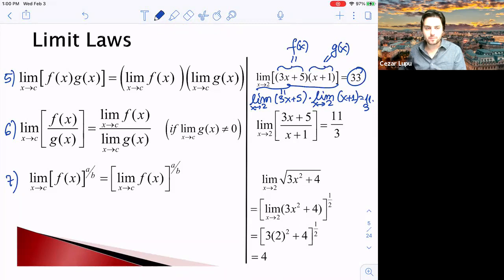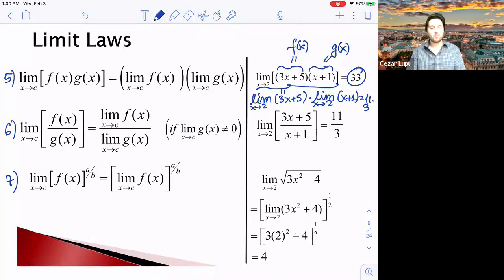Okay. Now, let's see the sixth one. The same thing will happen for the quotient. So the limit of the quotient is the quotient of the limits. So the limit as x approaches c of f of x over g of x is the limit as x approaches c of f of x over the limit as x approaches c of g of x.